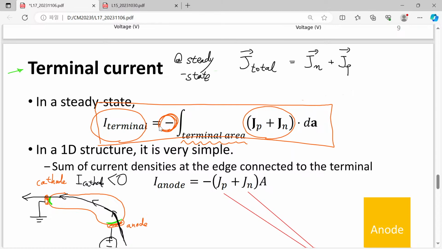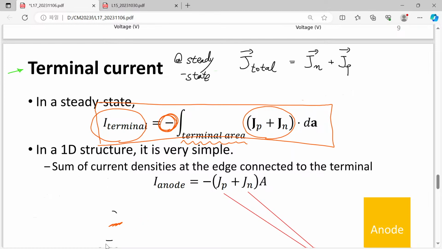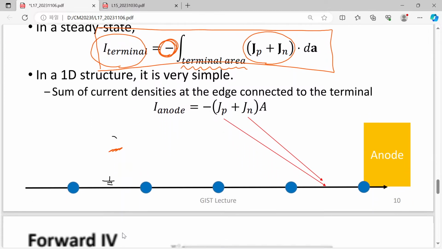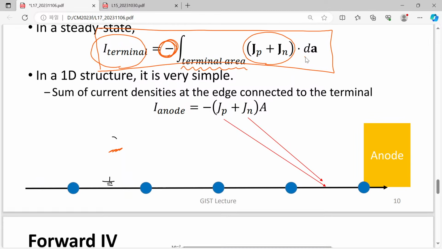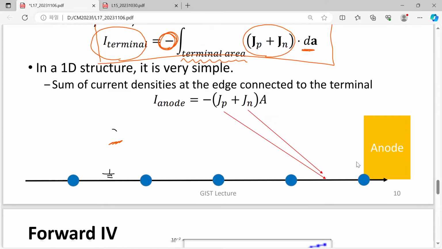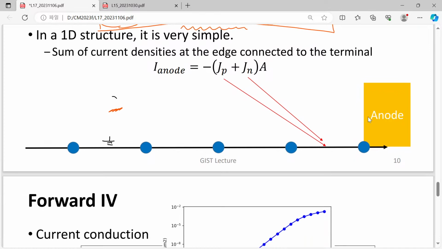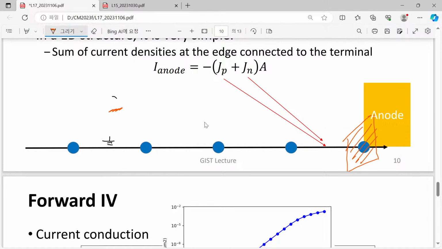Okay. So in the 1D case, this integration becomes quite easy because we have just a one-dimensional case. Then here we have a surface area. What is the surface area? This is nothing but the area normal to our one-dimensional direction.